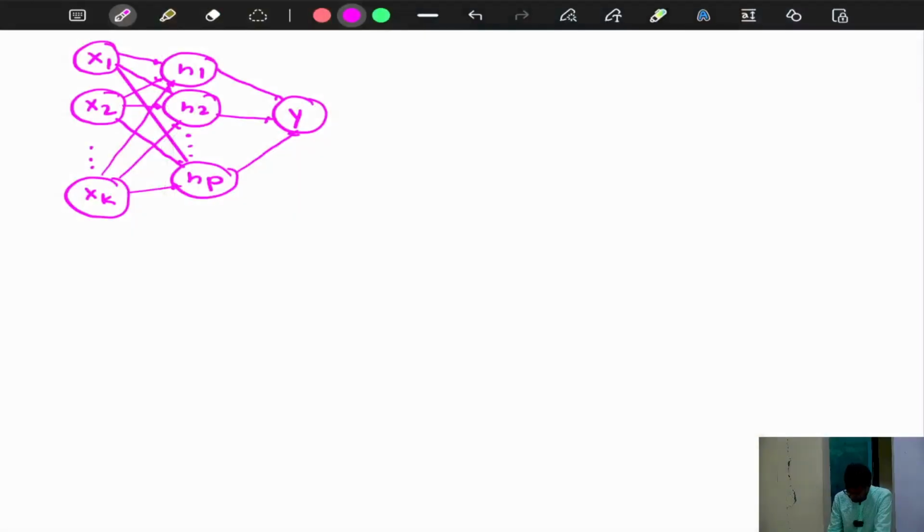And that's it. One more thing we did was write down the equation, so let me write it once more. If I have to write H1, this is equal to, let us say, sigma 1 of W1 transpose x plus b.